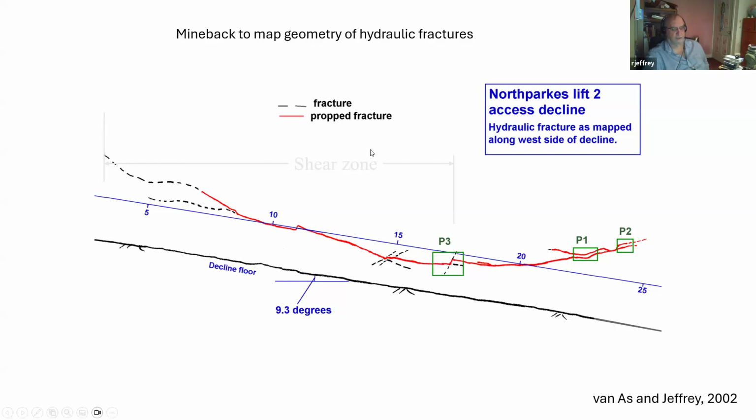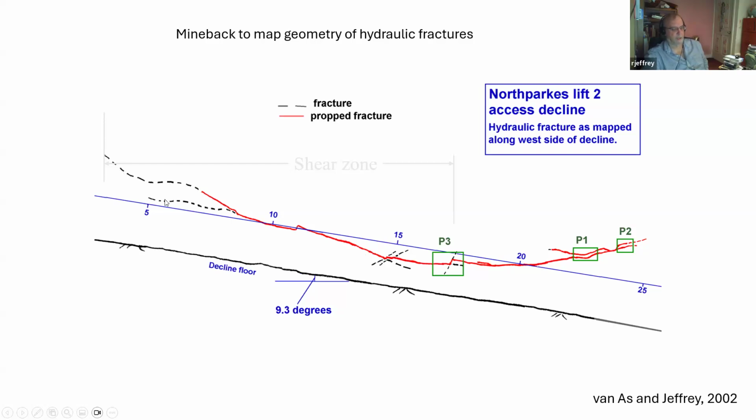So the red part of this sketch is the plastic proppant mapped on the wall of the decline, where the tunnel wall is the wall facing into the far side of the tunnel, and the borehole from which this fracture was placed was another 15 to 20 meters into the rock behind the wall. The dotted line is where there was a fracture present, but no proppant.